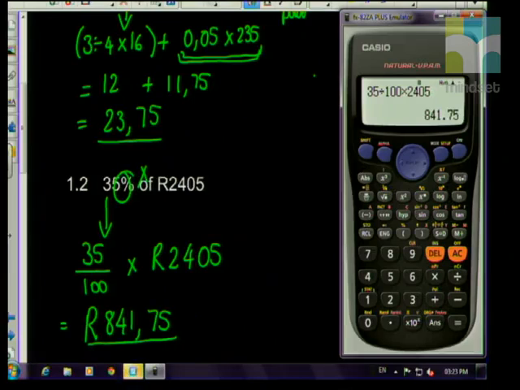Please always make sure that money has only got 2 decimal places.